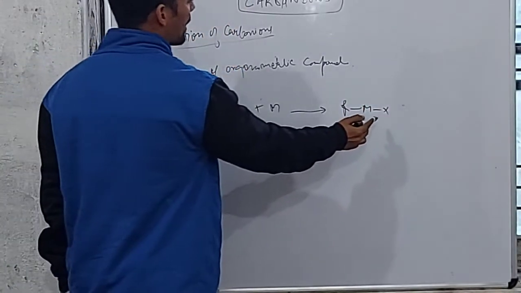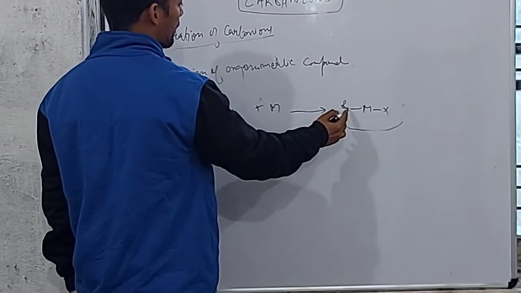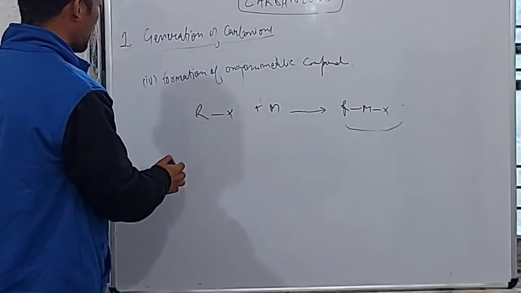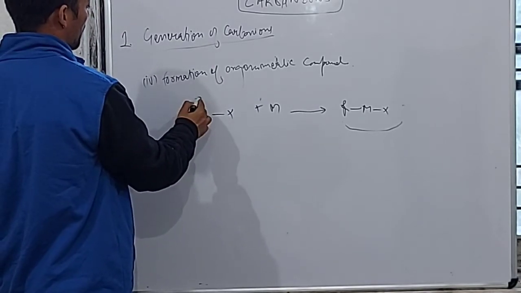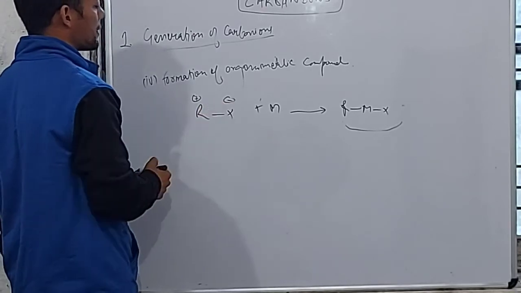This is the organometallic compound. As you can see, this metal is connecting the alkyl group and the halide group. Earlier in the reactant, the alkyl group had a positive charge and the halide group had a negative charge.